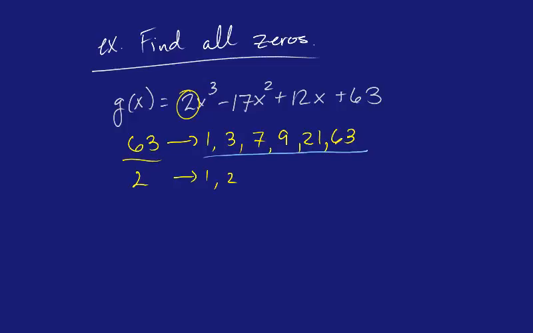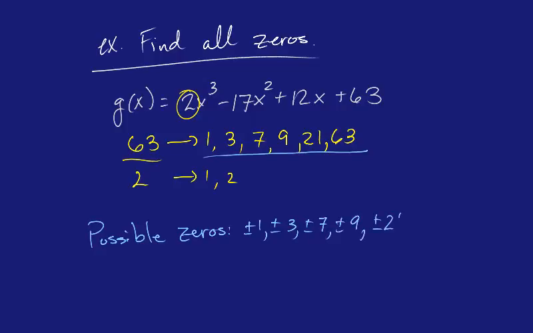So 1 over 1 is basically all of the ones on top divided. My possible zeros are just going to be all of those integers. So plus or minus 1, plus or minus 3, plus or minus 7, plus or minus 9, plus or minus 21, and plus or minus 63.